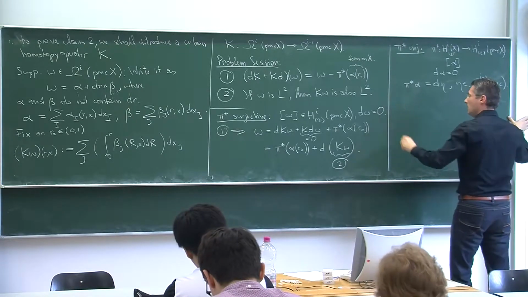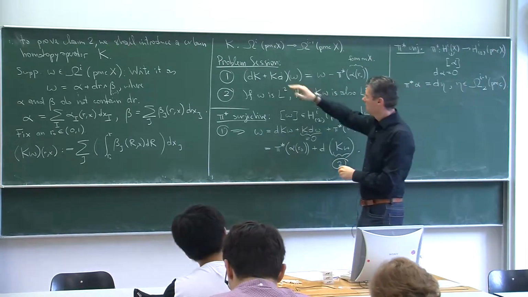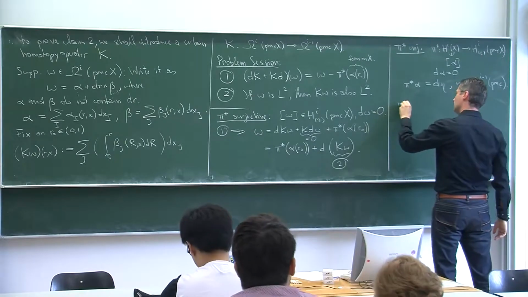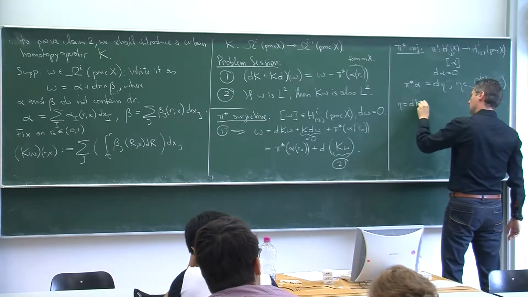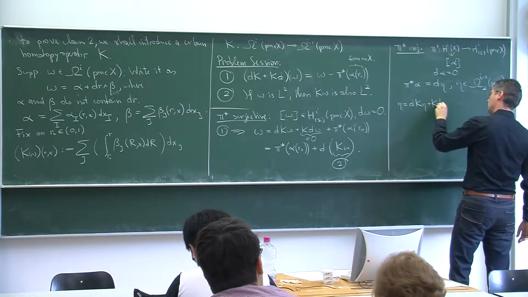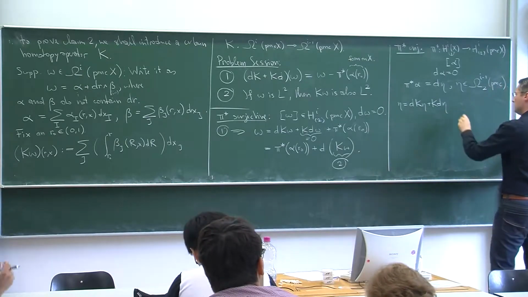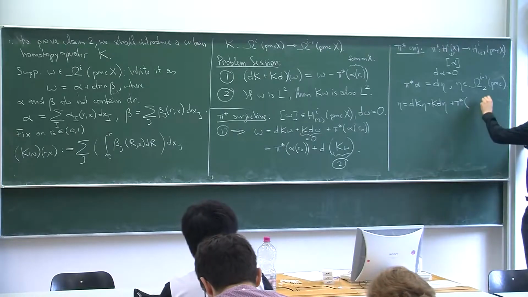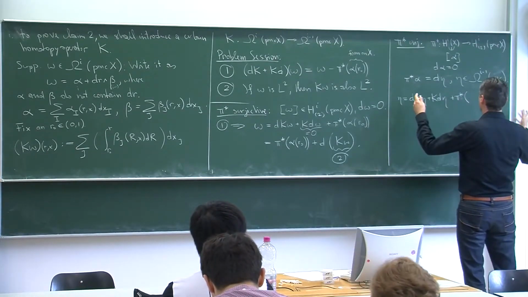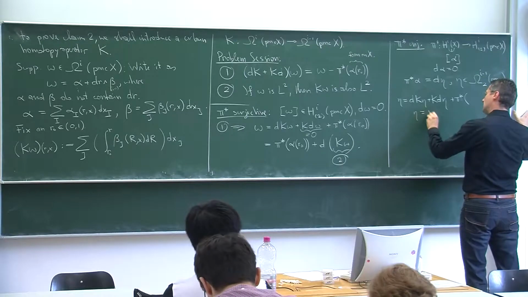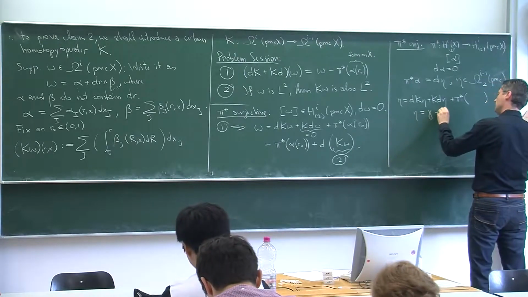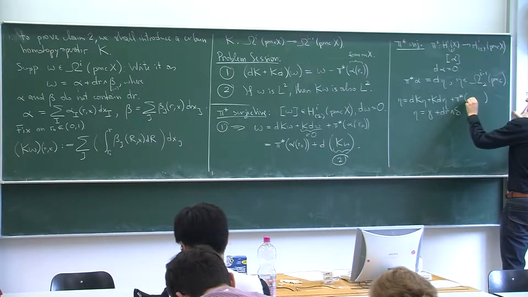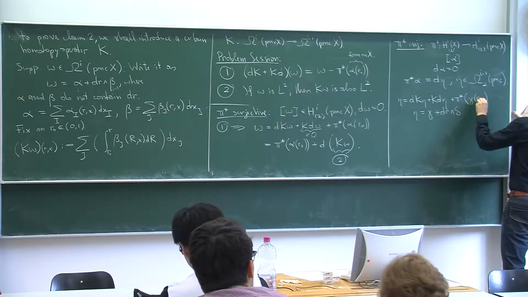So if I use the homotopy operator on eta, I know that eta is equal to dk eta plus kd eta plus pi star of something. Now let's say I write eta as gamma plus dr wedge delta, then I can say this is gamma at R0.